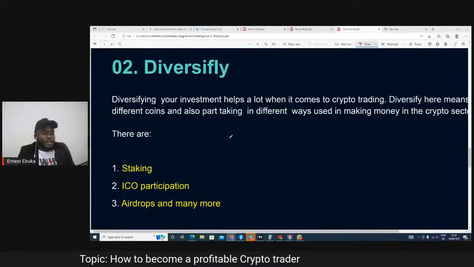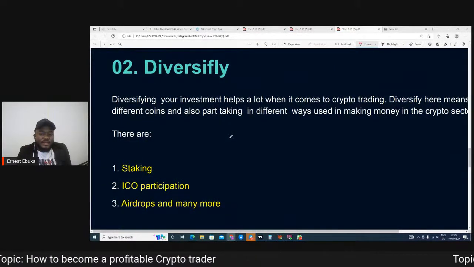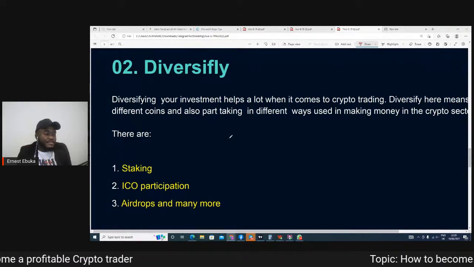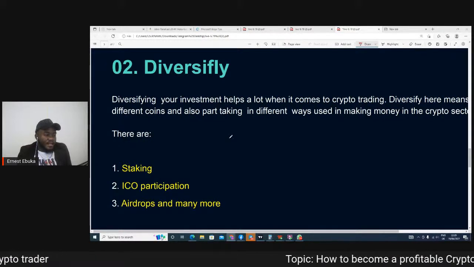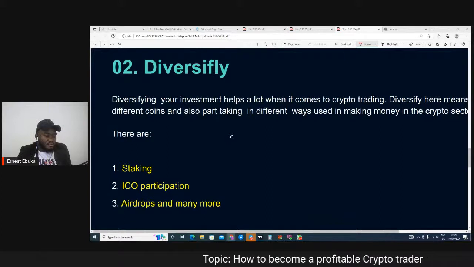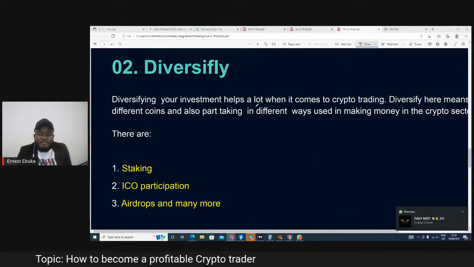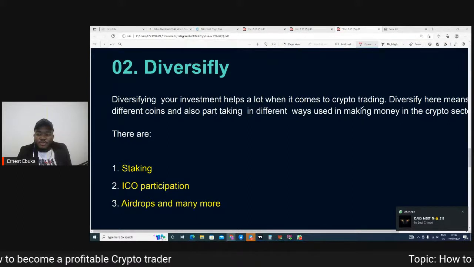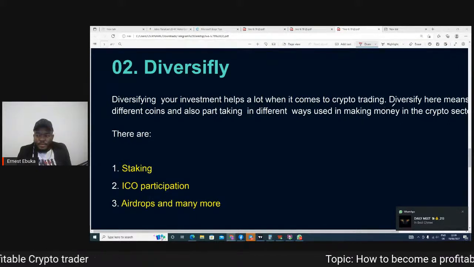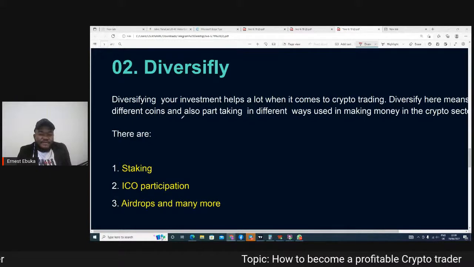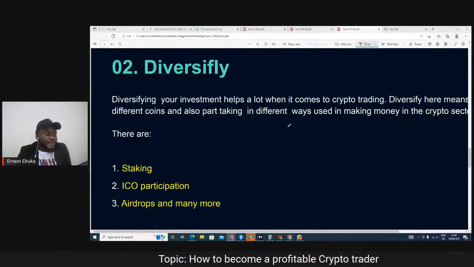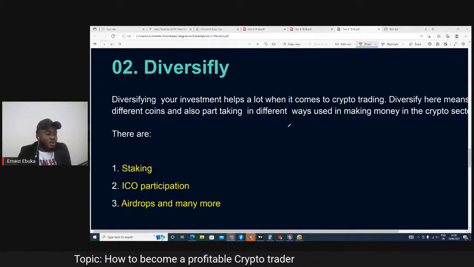Now, the next point I have here is diversification. Diversifying your investment helps a lot when it comes to crypto trading. Diversify here means trading different coins. You don't just trade one coin.